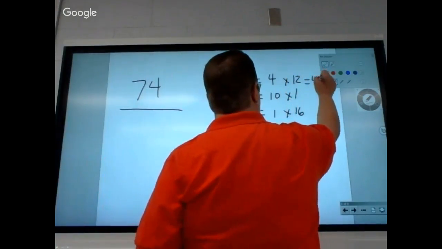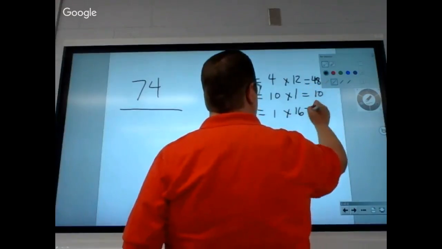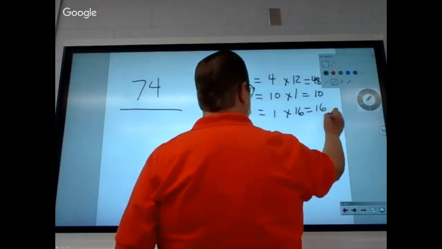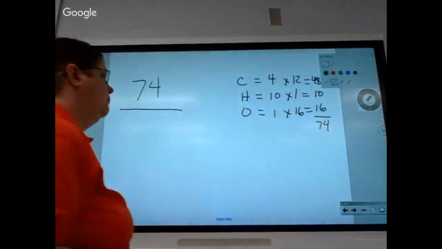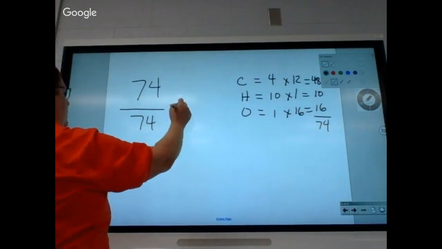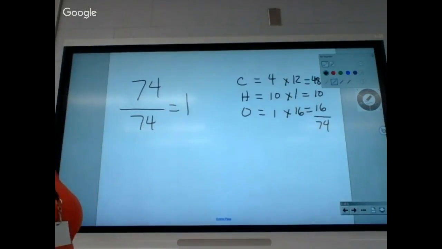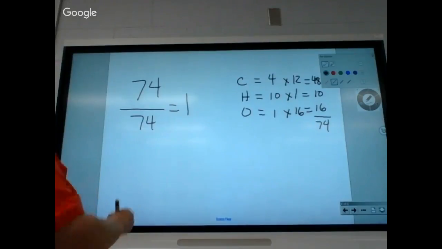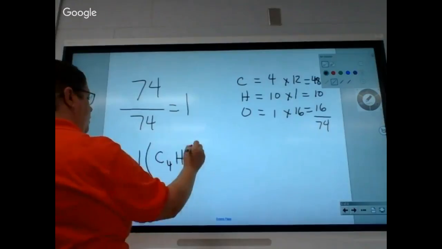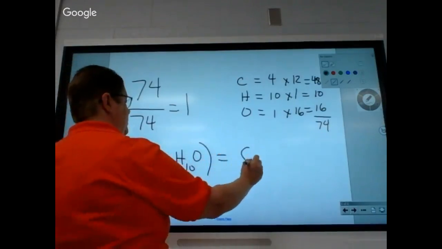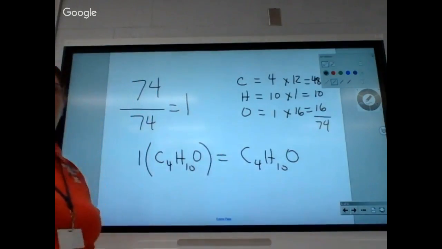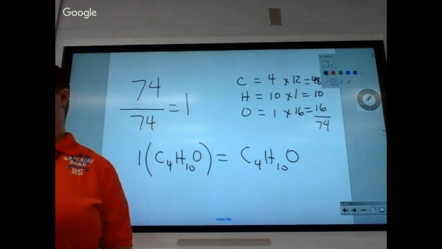It's going to give me 48, 10, 16. That's 58, and 6 more. It's going to be 74. So 74 divided by 74 gives me what? 1. So what's it tell me about my empirical and my molecular formula? They're the same. So 1 times C4H10O gives me C4H10O. They're the same formula this time.